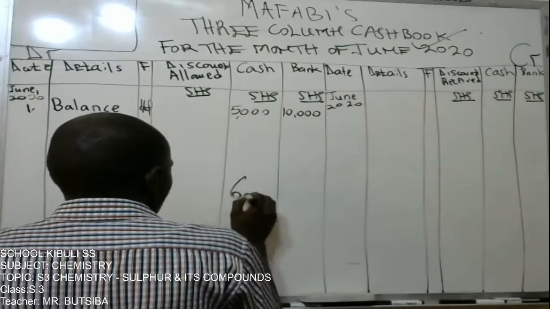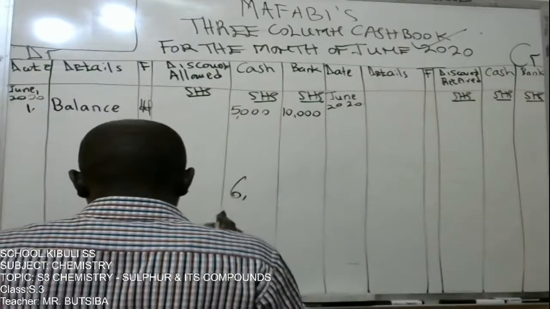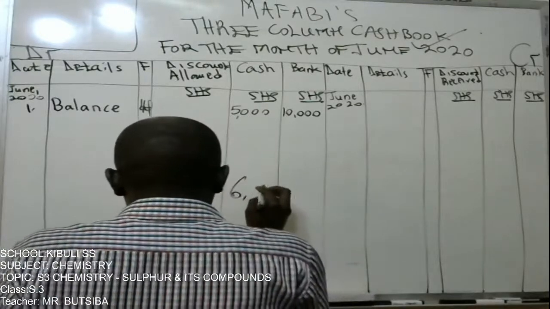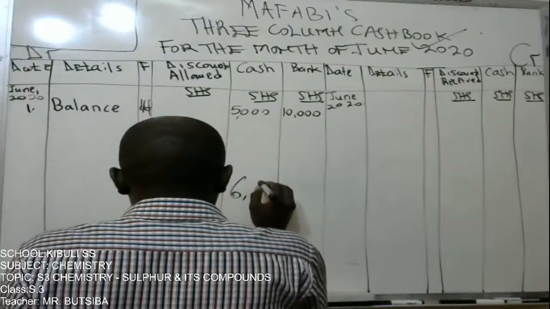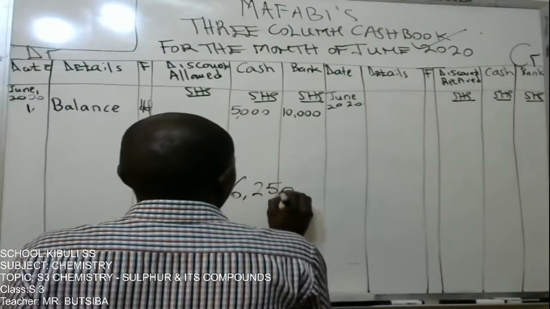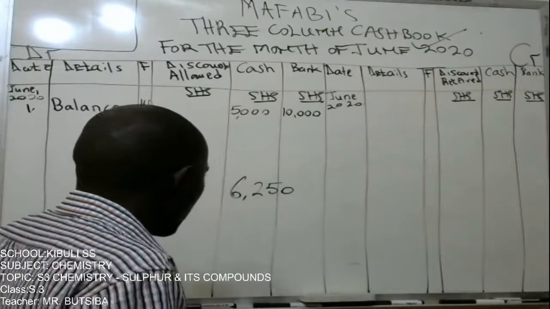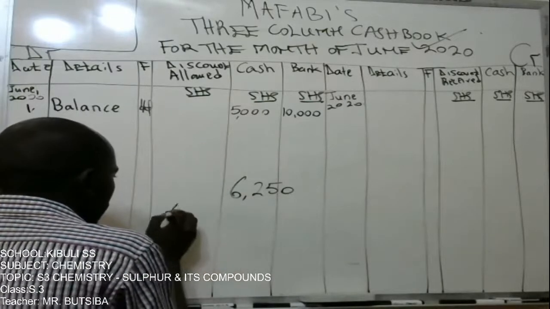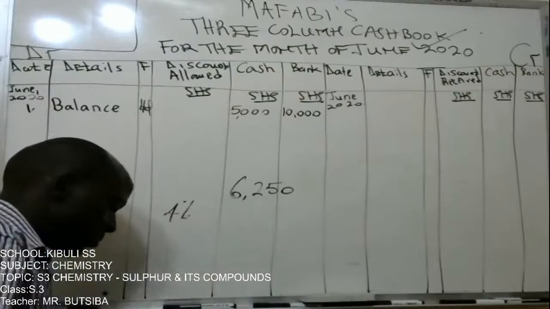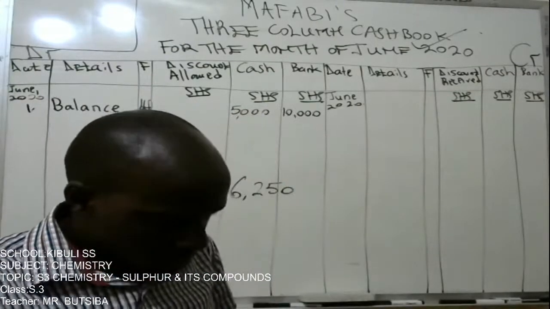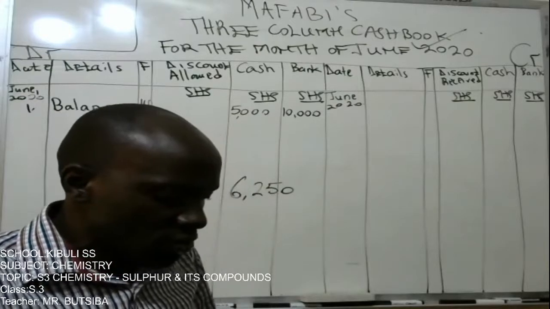So received cash from Wilson, less 4% cash discount, and the amount is 6,250. The discount is 4%. So if you received that money, that's how much you're supposed to receive from Wilson.